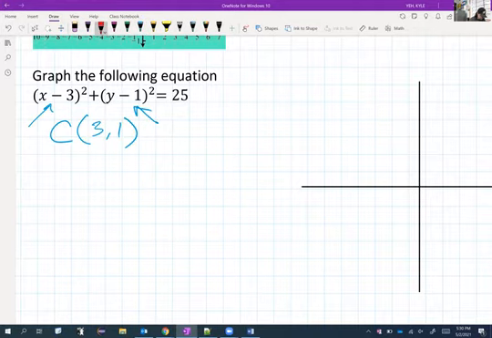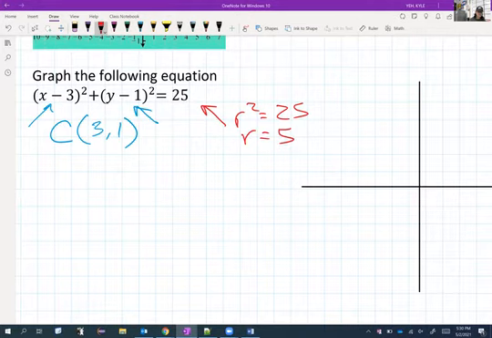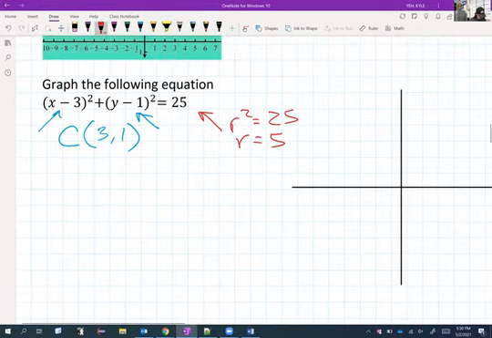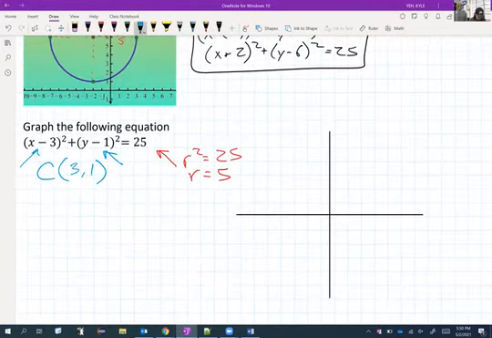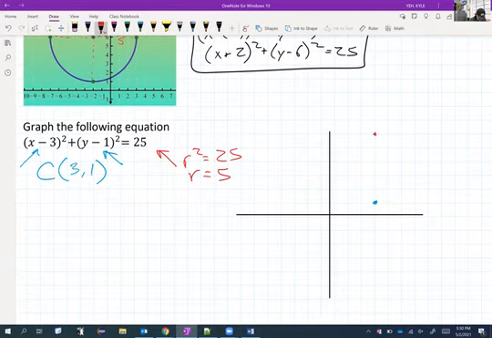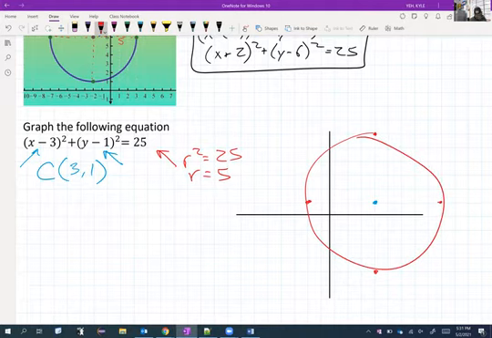And the radius, if r squared equals 25, r equals 5, right? So if we're given the equation of that circle, (3, 1) is my center, I know the radius is 5. I'm just going to go up 5: 1, 2, 3, 4, 5. Down 5, right 5, left 5, and then draw the best circle I can.